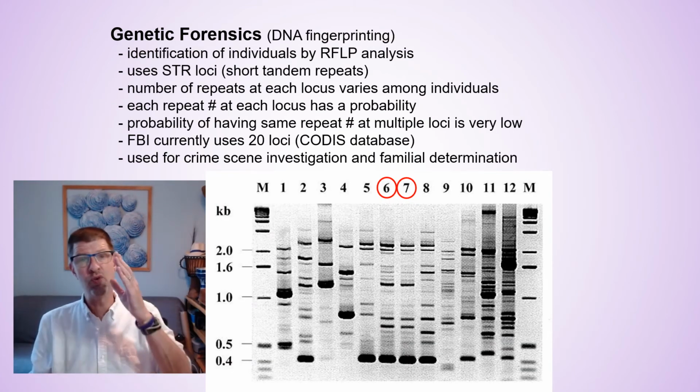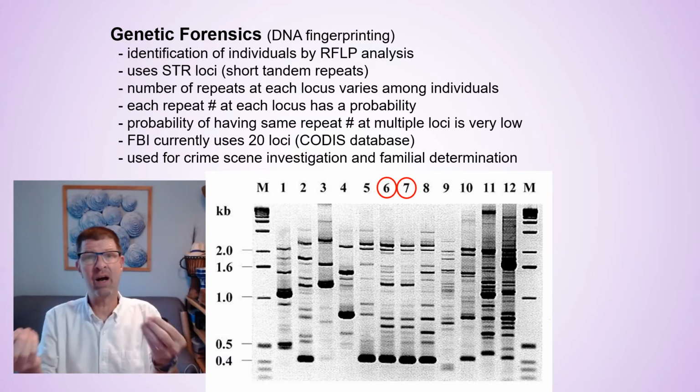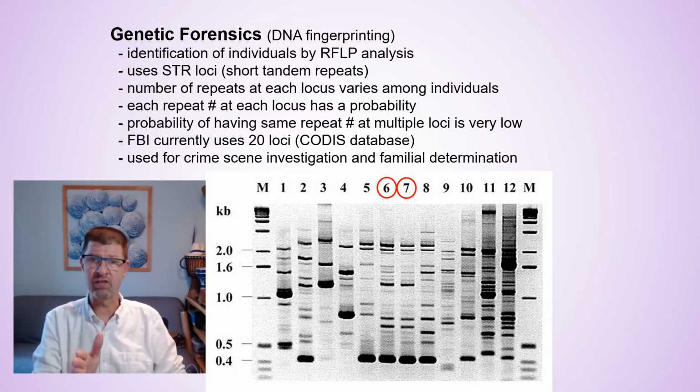And if you do RFLP analysis on people or organisms to try to answer a question about how related they are, you are doing genetic forensics. Genetic forensics is RFLP analysis, specifically here on people, and we also call this DNA fingerprinting. Why DNA fingerprinting?